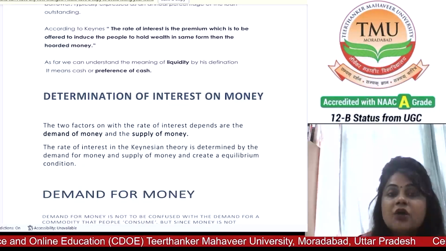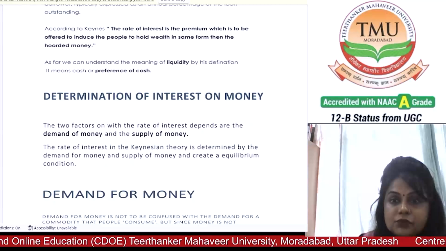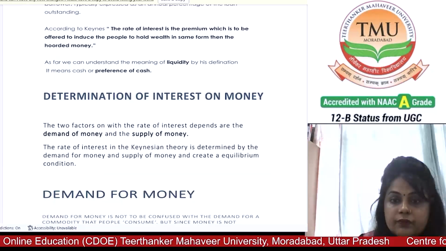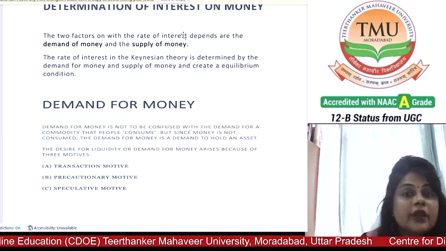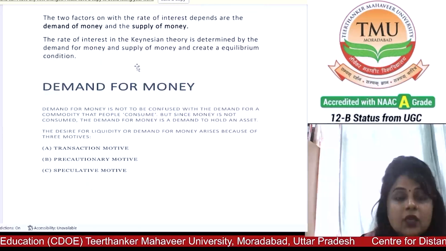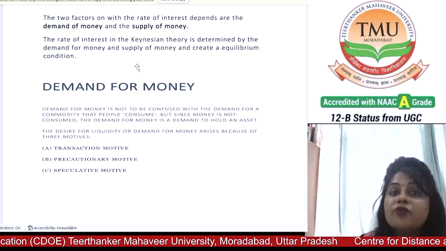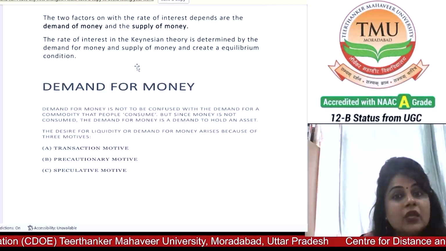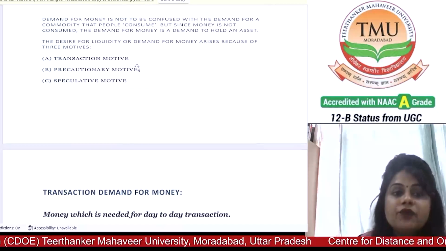So, the two factors on which the rate of interest depends are the demand for money and the supply of money. The rate of interest in the Keynesian theory is determined by the demand for money and supply of money, creating an equilibrium condition.